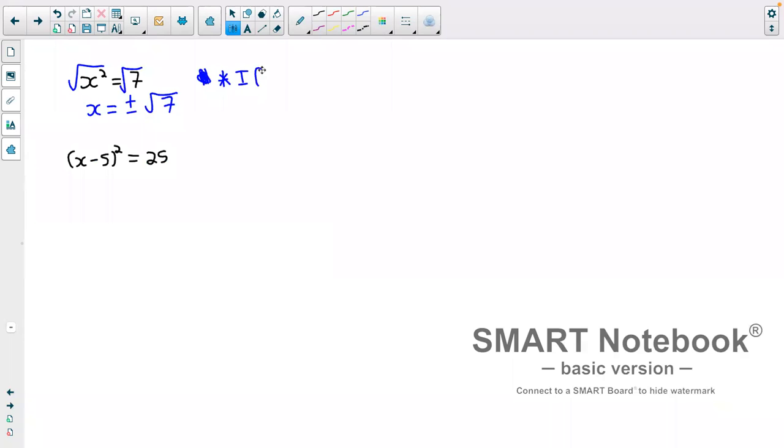If it's not a perfect square, we can leave it as a radical. If possible, we'll change it to a mixed radical, but in this case, we aren't able to.